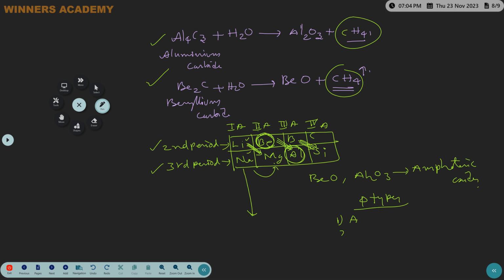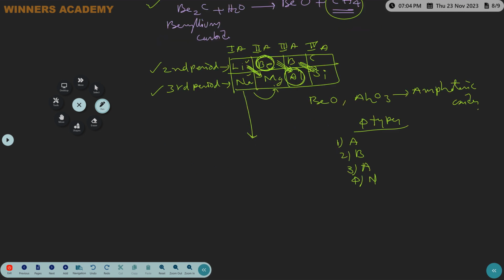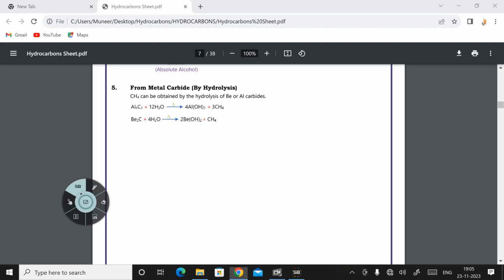Number 1, acidic oxides. Number 2, basic oxides. Number 3, amphoteric oxides. Number 4, neutral oxides. Here, beryllium and aluminium oxides are amphoteric oxides. That is a different thing. Both carbides undergo hydrolysis and liberate methane gas. These are the resemblances between beryllium and aluminium. Like that, methane can be prepared by hydrolysis of aluminium carbide and beryllium carbide.